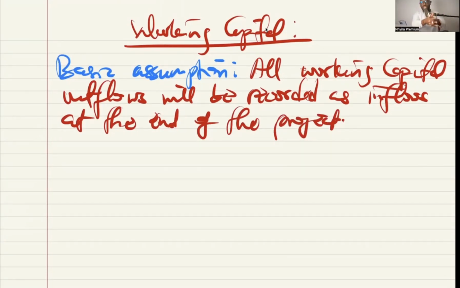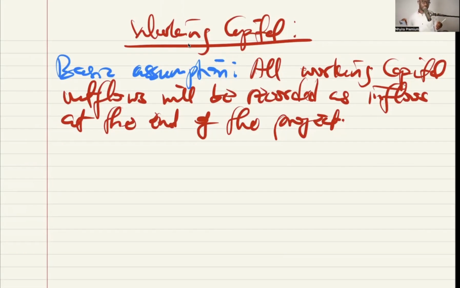So once we have working capital, as far as the entity is paying for that, that working capital is an outflow. But at the end of the project, it's going to be coming as an inflow. That is the basic assumption on working capital.